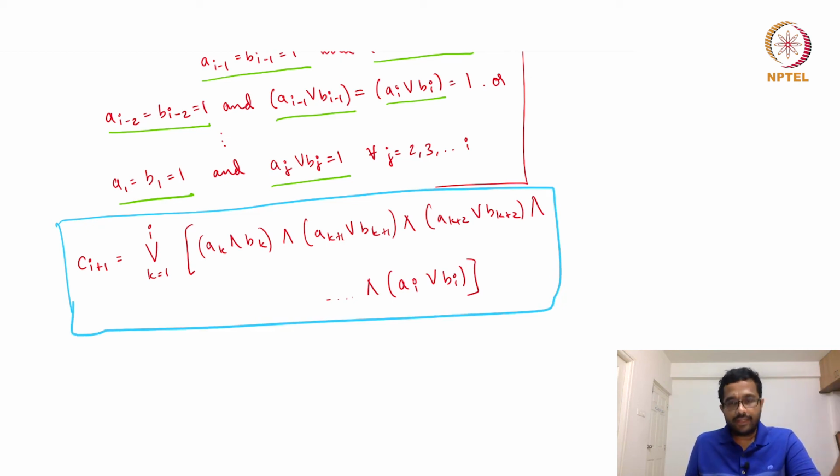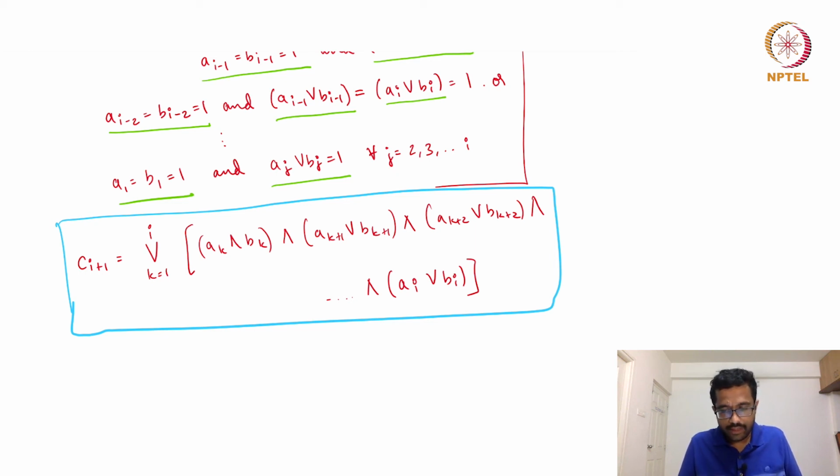Now it's very straightforward to see that this expression can be evaluated using a constant depth circuit, right? You have a big OR, but that's okay, we are allowed unbounded fan-in, and there is a big AND inside each of these ORs, that's also okay because of unbounded fan-in, and inside this AND it is all small circuits, all fan-in 2 items.